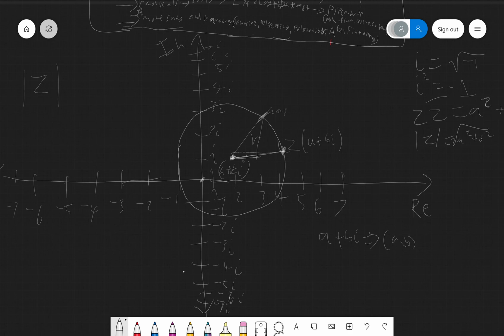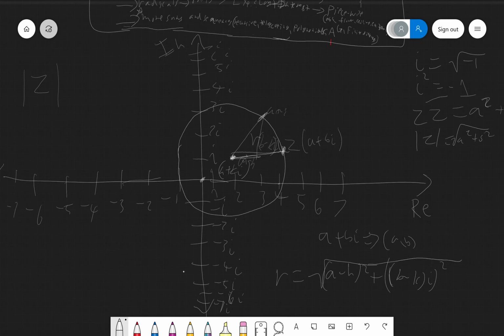If this is a plus bi, this is just a minus h. This is b minus k. So we do those squared. So r is going to be equal to the square root of a minus h squared plus b minus k squared.